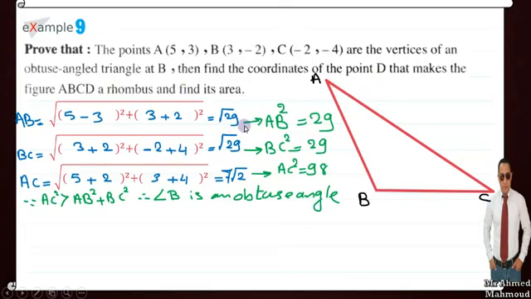Okay, to find the point D, I will complete the rhombus like this and connect the other diagonal like this, and this point I will call D.